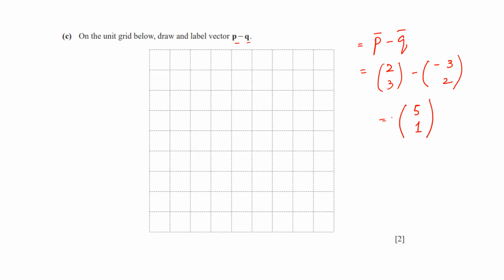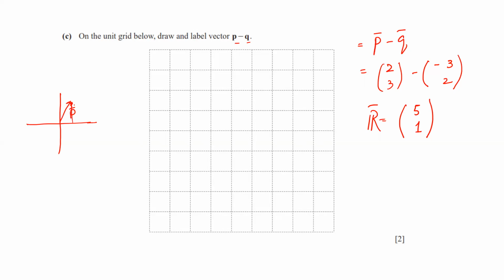So 5 1 will be your resultant r vector, that they are asking you to draw. Or in another way, if you are going to draw both vectors, our first vector will be p, that is 2 and 3, something like this.